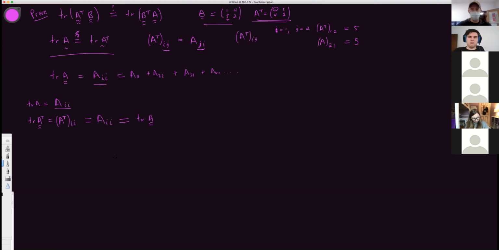Oh wait, you have to multiply it before you transpose it. Okay, I see what you're saying. Yeah, it's the multiplication thing. Otherwise, we just showed that the trace of A is the trace of A transpose, because nothing changes along the diagonal. But we need to do the multiplication first.